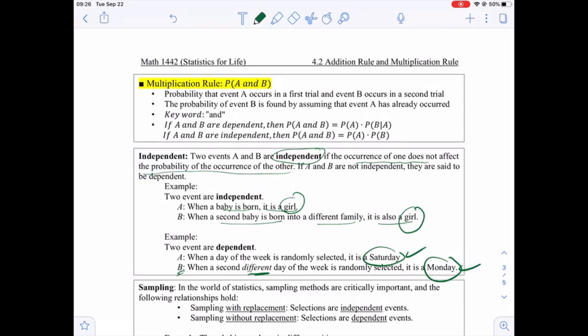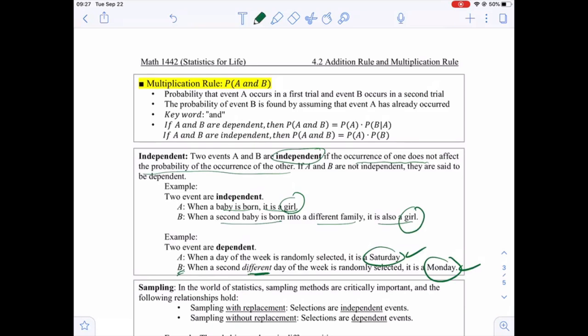Because in the first selection we got Saturday. That's event A. So we already chose Saturday. On the second choice or event, we have a different day. So if the first one is Saturday, we should consider the rest of the 6 days: Sunday, Monday, Tuesday, Wednesday, Thursday, Friday. So all these other days, we can't use Saturday again.